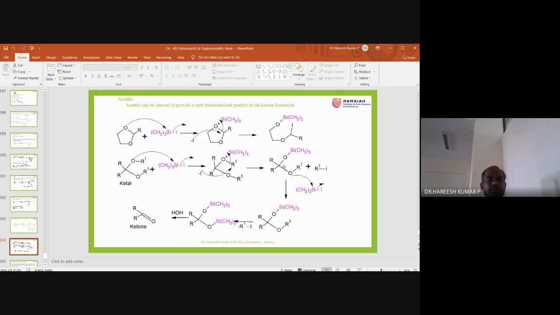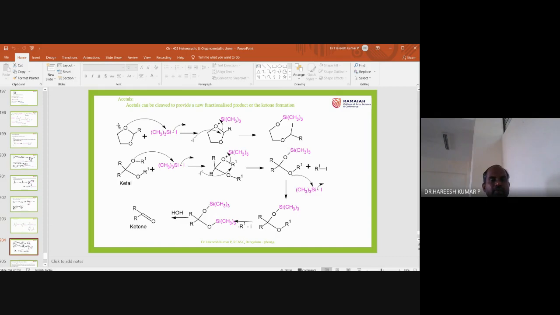If the ketone is protected by using alcohol in presence of HCl, the obtained product is ketal. So acetal or ketal is nothing but ethers. So here the cleavage of ether follows.